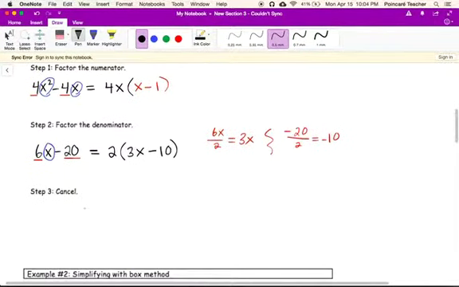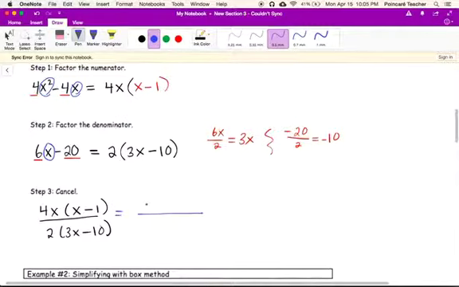Step 2, I factored, and now I want to write each of those results on top of each other. So 4x times x minus 1 divided by 2 times 3x minus 10. And now here's the part where you cancel out. I'm going to look at the numerator and denominator and try to reduce as much as possible. I see 4 divided by 2 here, so that can be reduced to 2.